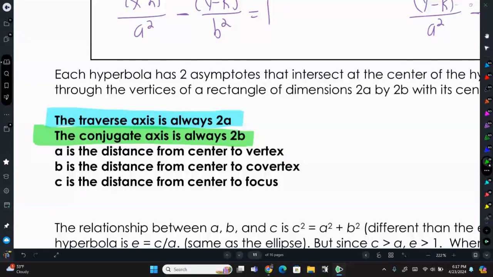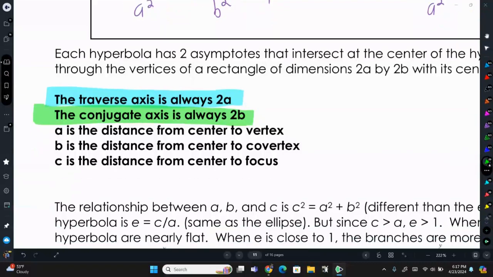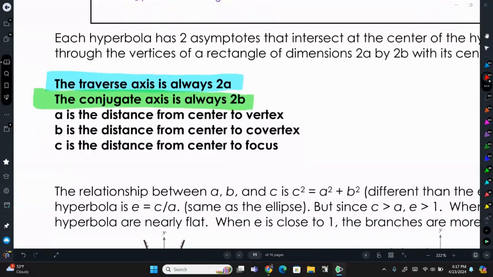And then A, B, and C, the same thing they did with an ellipse. A is the distance from the center to the vertex, B is the distance from the center to the co-vertex, and C is the distance from the center to the focus. Now, for ellipses, it was c squared equals a squared minus b squared. That was for ellipses.